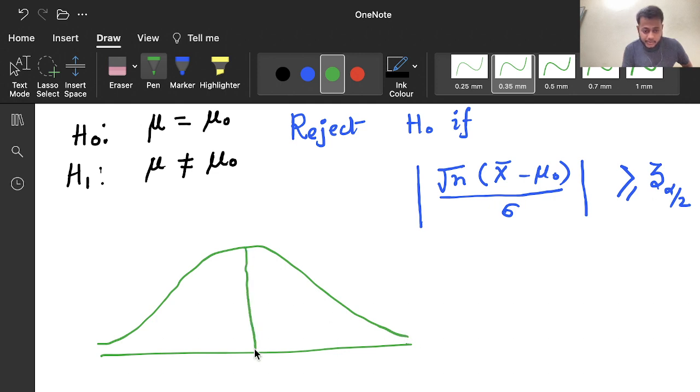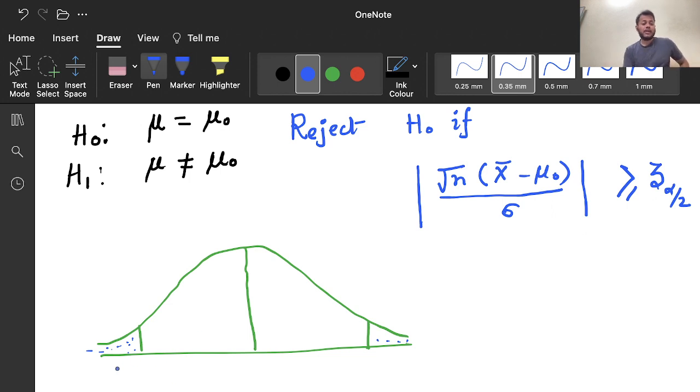I will reject if my data point belongs in this region, which is only alpha percentage of this distribution. Since this data set is only in the alpha percentage part of the distribution, I cannot accept the null hypothesis. So that is my reason.